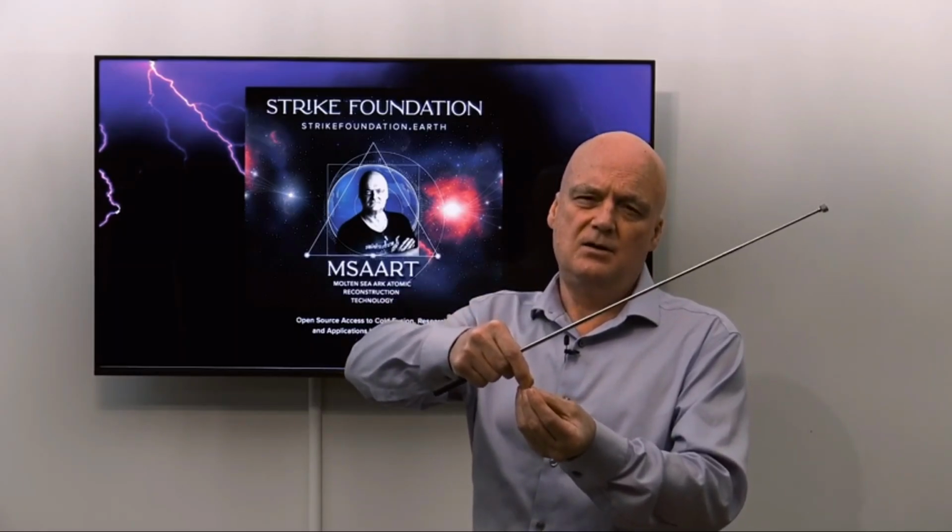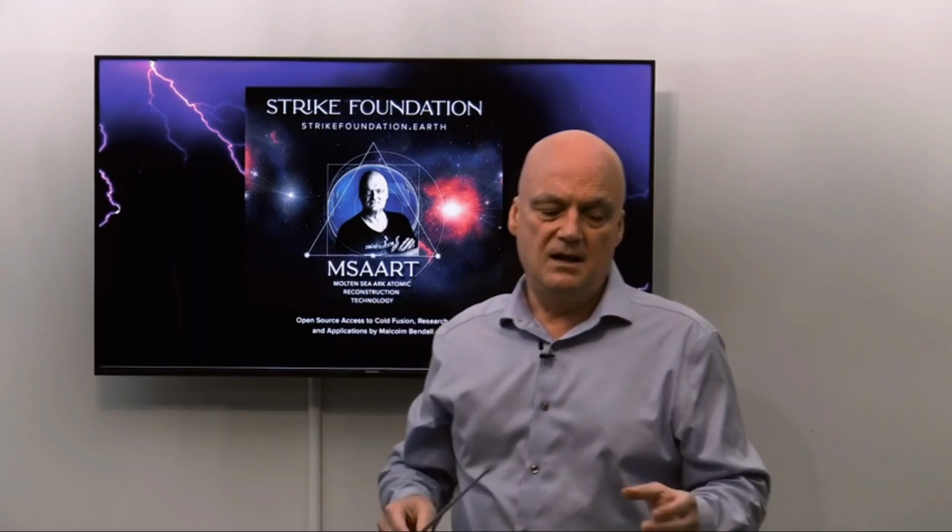So plasmoids, if generated through an imploding bubble, are very safe entities because they can be used as effective storage tools. You can generate them, and then they can store and discharge in a controlled manner the energy which is implanted into them.